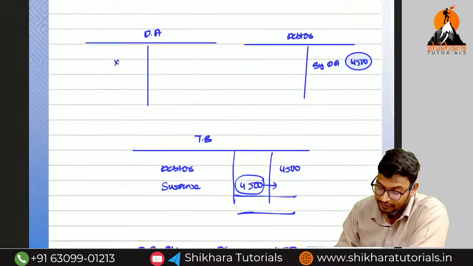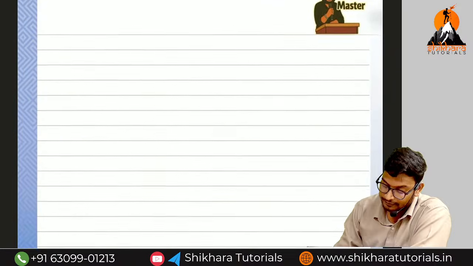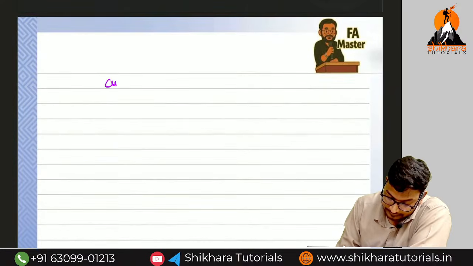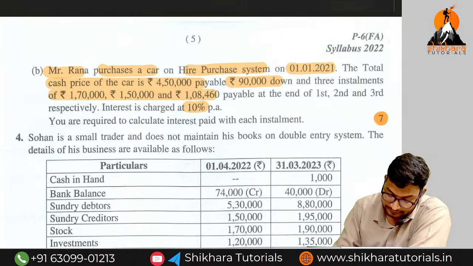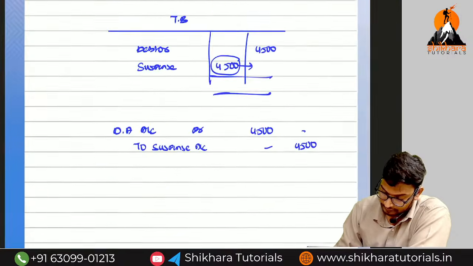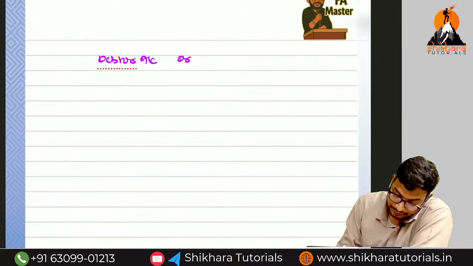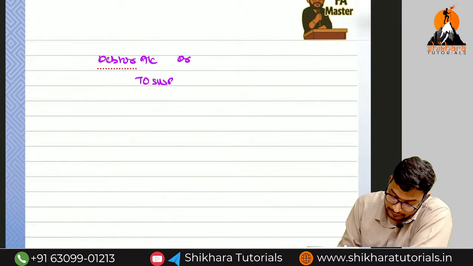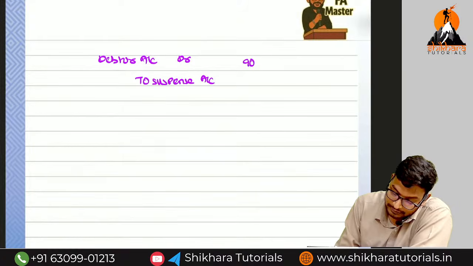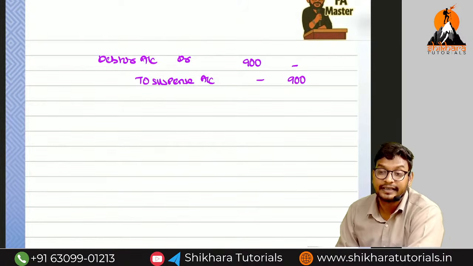What is the entry? Debtor account debited to suspense account. How much? 900.